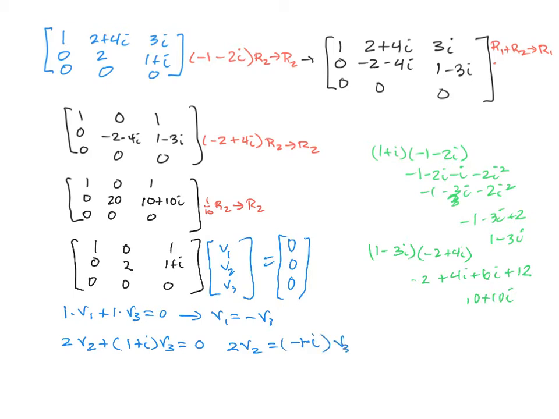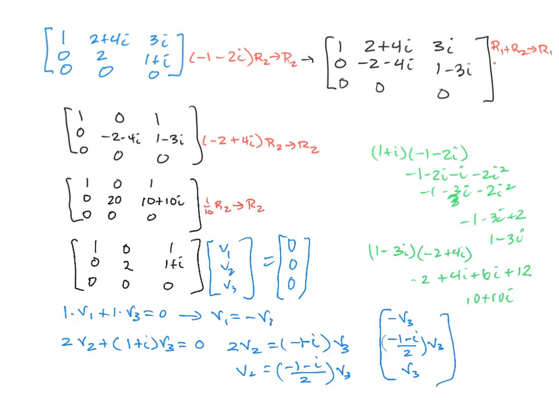That tells us that v2 is -1 minus i over 2 times v3. And that gives us our eigenvector, which is kind of ugly: a negative v3 in the first spot, a -1 minus i over 2 times v3 in the second spot, and a v3 in the last spot.